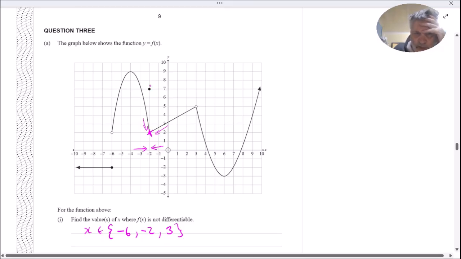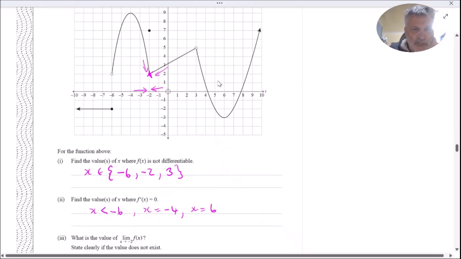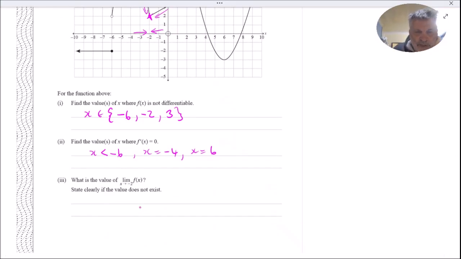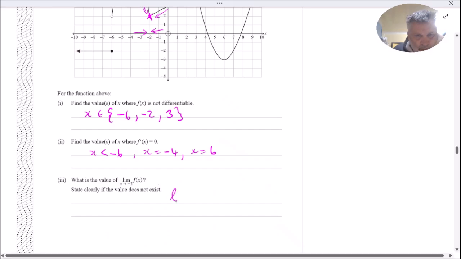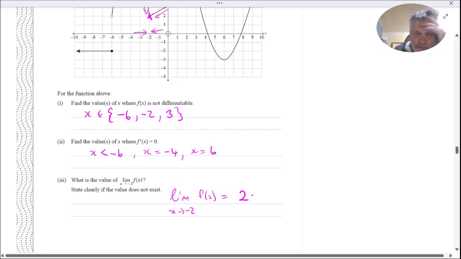It's irrelevant that the function value is up here. The limit is saying, as we get closer and closer to -2 from both directions, are we getting to an actual value? So the limit as x goes to -2 of f of x is equal to 2.